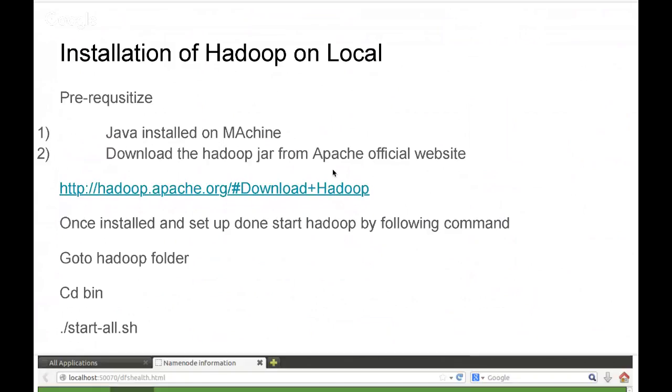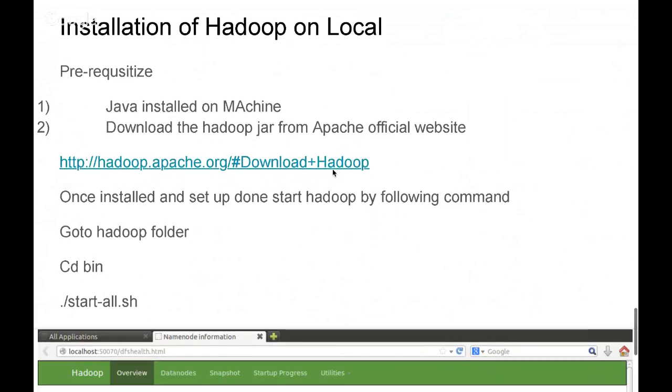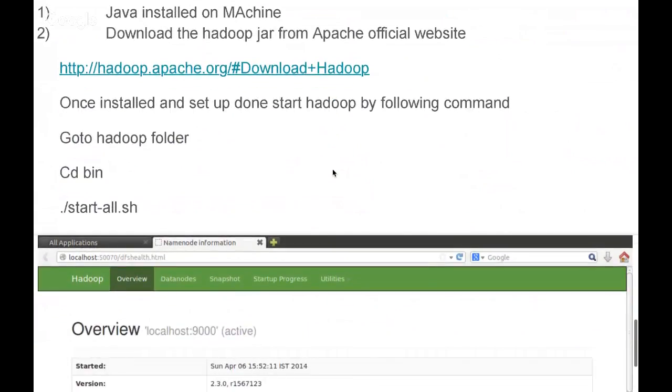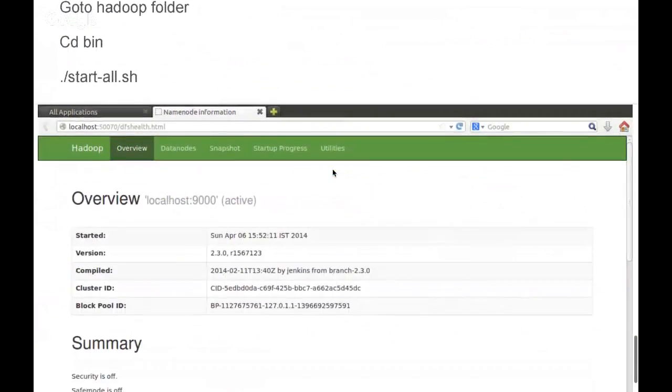These are the prerequisites which you need to download while installing Hadoop. First of all, your system should have Java, because without Java, Hadoop cannot run. Download the Hadoop jar from the official website and extract it to your folder.